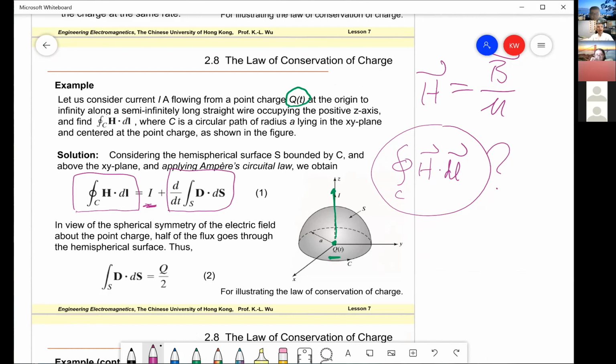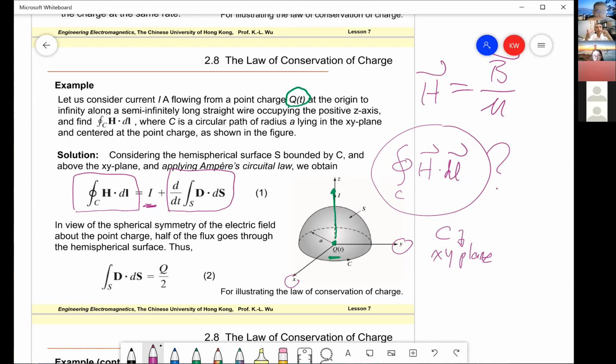I imagine I have a semi-sphere, and I specialize this contour C as a circle. This circle lies in the XOY plane. I treat the special case first.